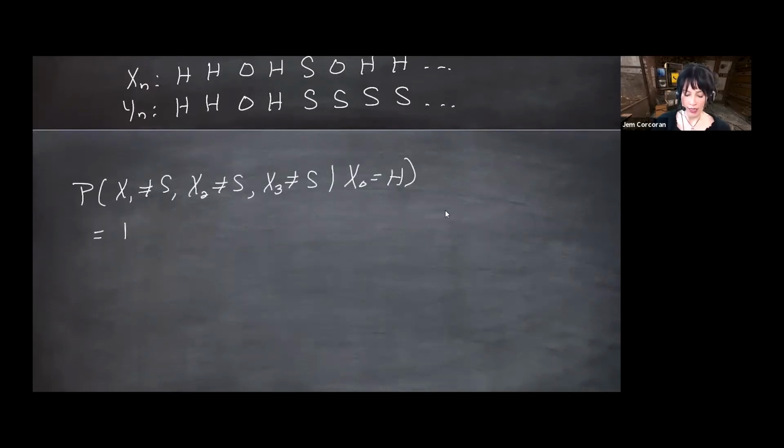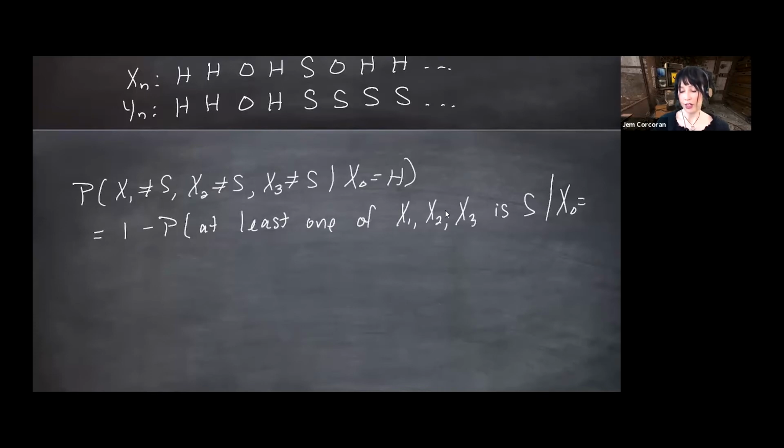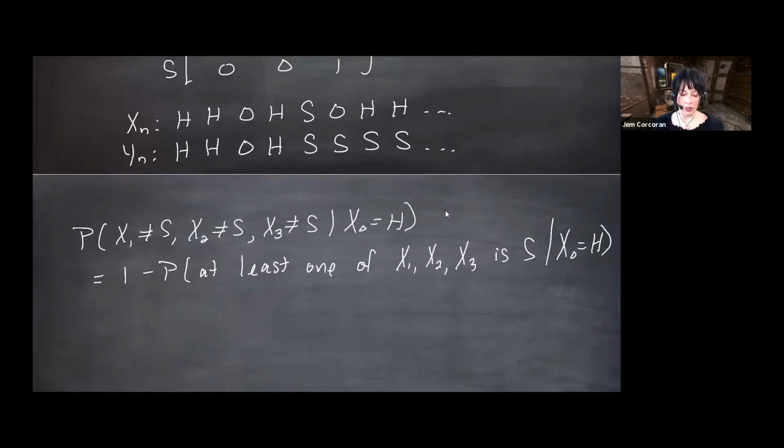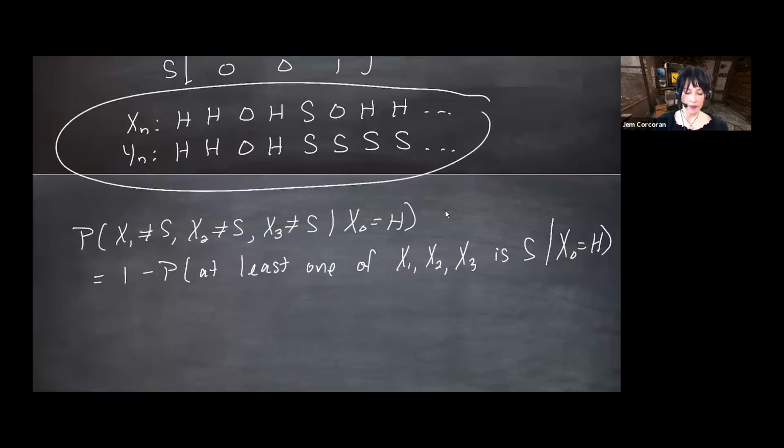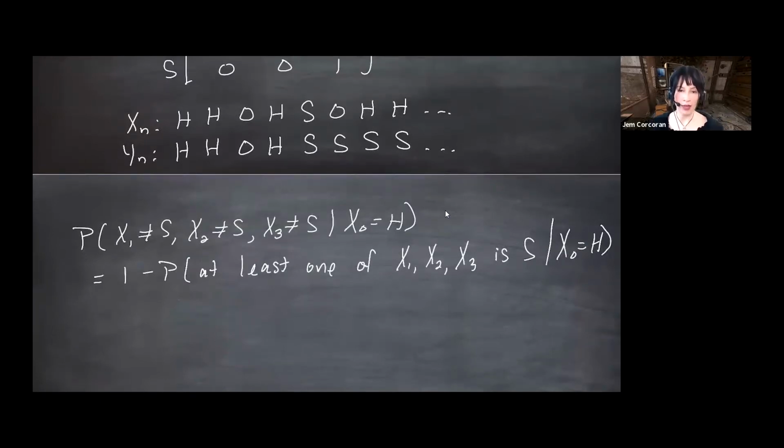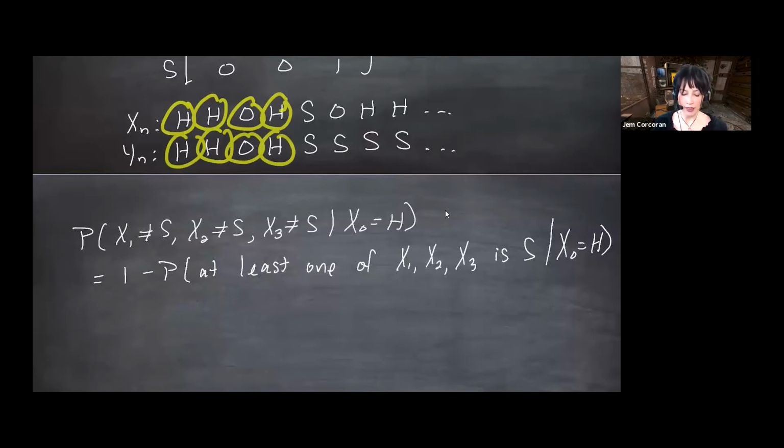So we get 1 minus the probability that at least one of X1, X2, or X3 is sad, given we started happy. Look back at the sample paths I drew. Here, we are starting happy, and then we're happy, okay, happy. There's no sadness, and we can tell that by looking at the Y chain, because there's also no sadness.